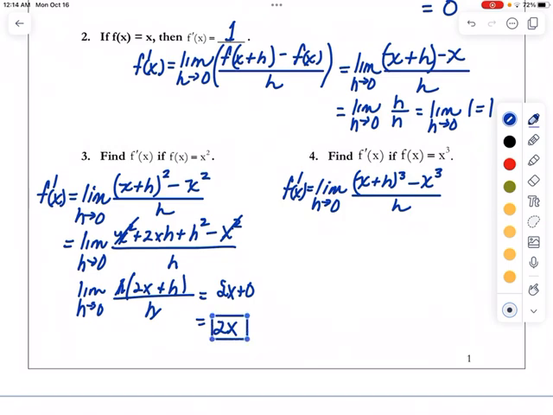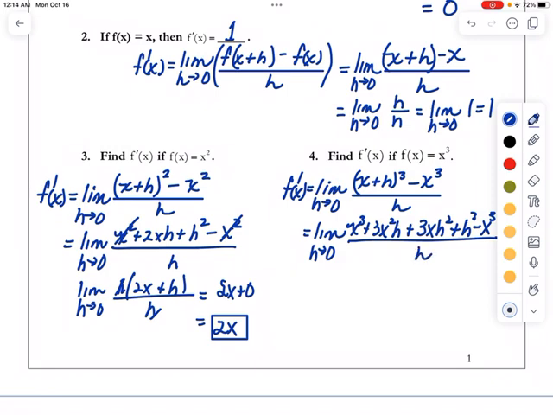Okay, all right, for the next one, recall that you're going to be using Pascal's triangle when you want to multiply x plus h, the quantity cubed, or you just memorize that it's going to be x cubed plus 3x squared h plus 3x h squared plus h cubed, and then minus x cubed, all over h.